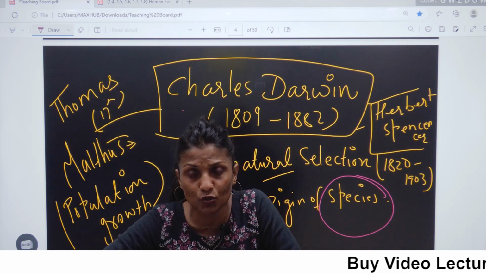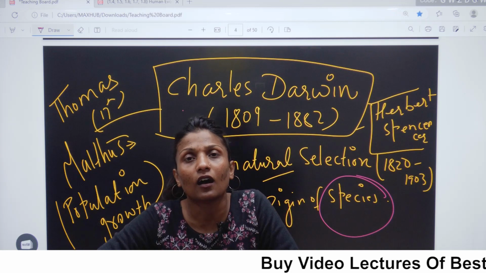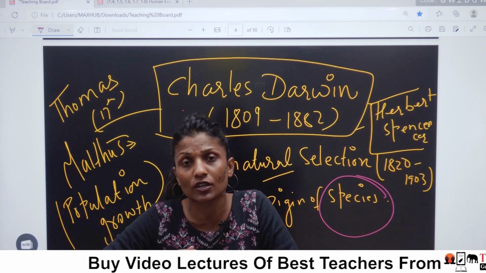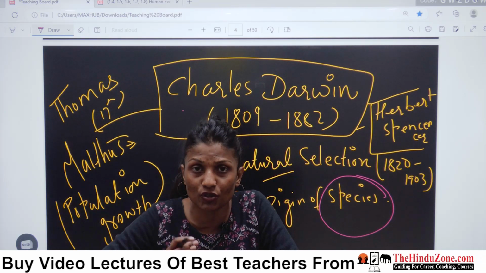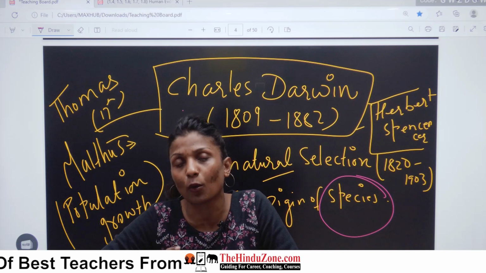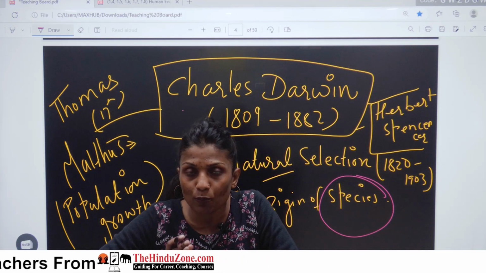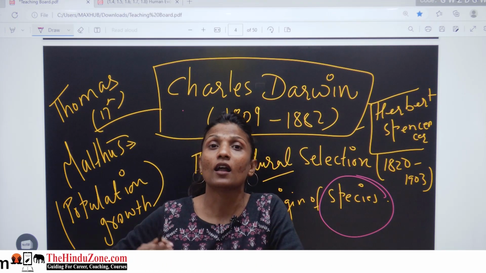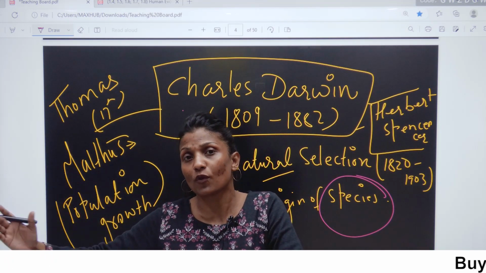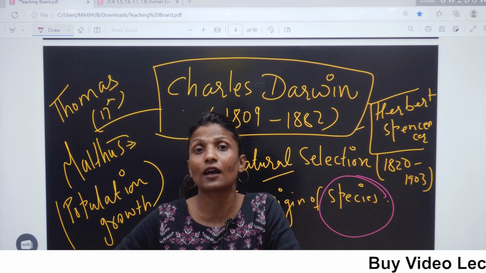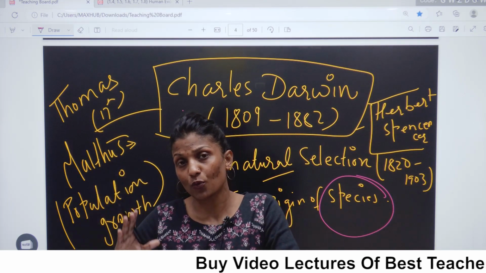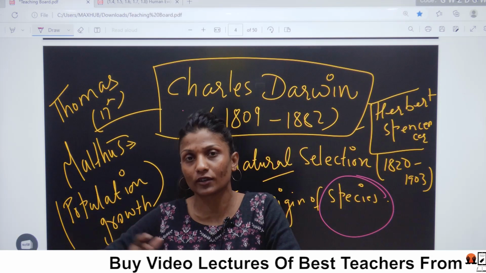Thomas Malthus had written a very important theory on population growth. He says that if we have a lot of reproduction and population growth, and it is unchecked, then there will be a problem. We will have a large population but not enough food to sustain these living organisms.